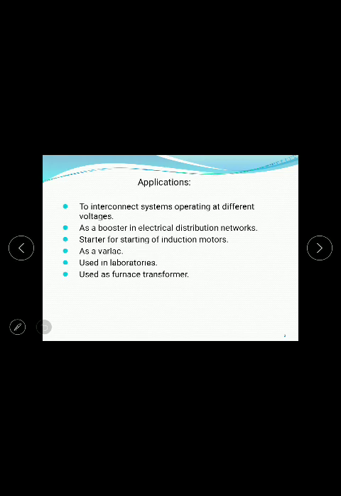Once again, it is used to interconnect systems operating at different voltages. It is used as a booster in electrical distribution networks, for starting induction motors, as a variac, and in laboratories also, and the main application is the furnace transformer.